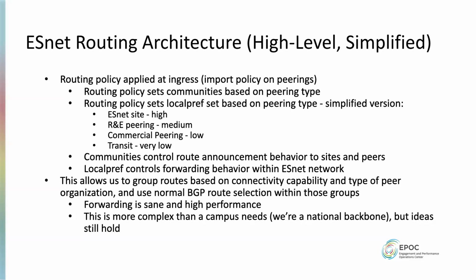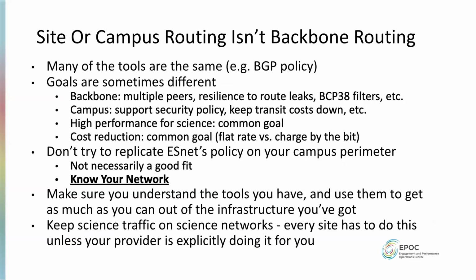Now, this is not necessarily something that we're saying you should do on your campus, but this is how a national backbone can use BGP's policy tool set to put together very complex behavior that allows scientific applications to do the right thing under a variety of circumstances. Next slide, please. So this is not to say you should set up your campus perimeter like the ESnet core.